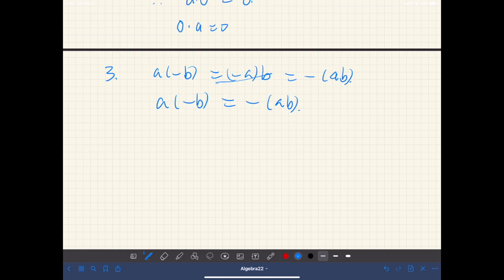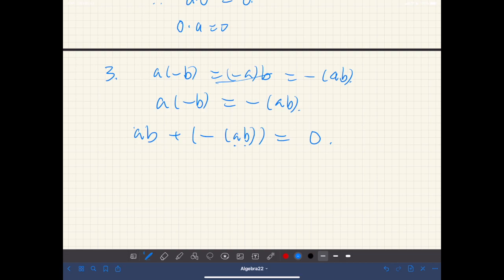And let's see. First of all, we have AB plus negative AB equals to 0. Now, this is the definition of the additive inverse. So, the additive inverse of the element AB is negative AB. Okay, so this is just from the definition of the additive inverse. And so this is one thing.